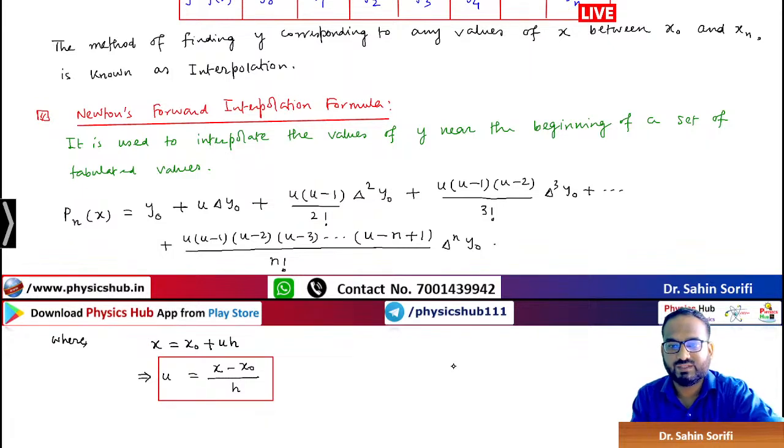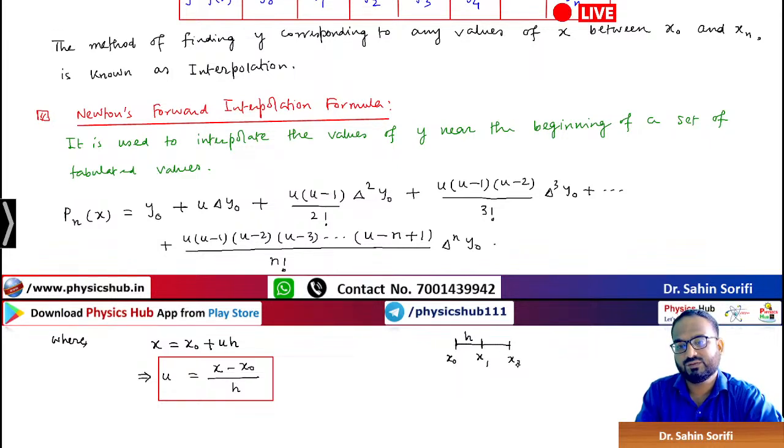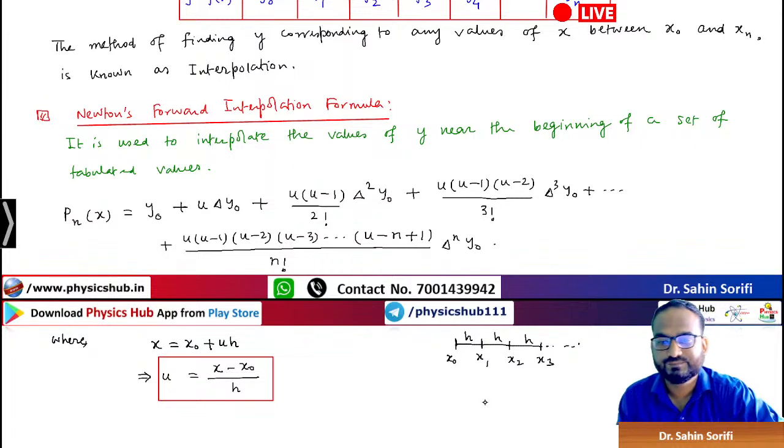So as you can see, what is u? Let's say you find the value of x0, then you increase by h amount, get x1, again you increase h amount, you get x2, again you increase by h amount, you get x3, and so on.